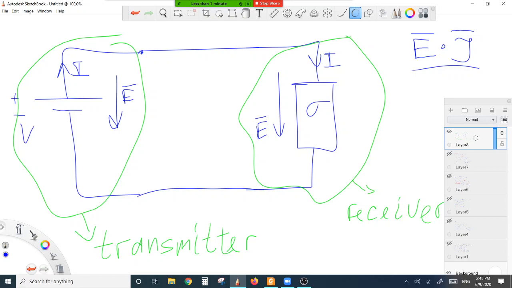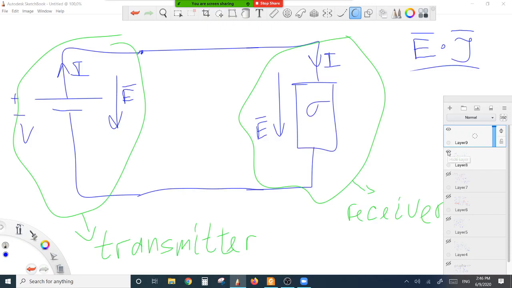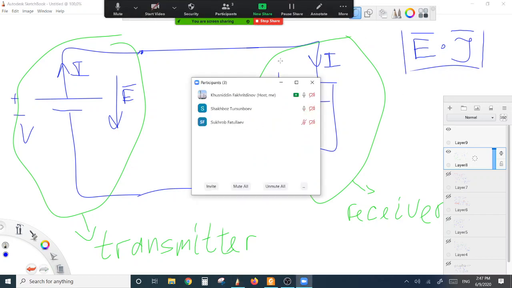We said that E dot J may be positive or negative according to what we introduce. It will be negative if we introduce the load, and positive if we introduce the source.